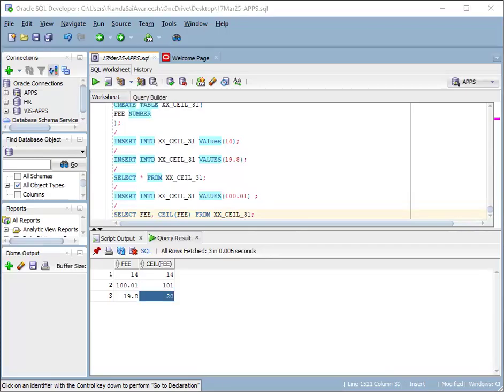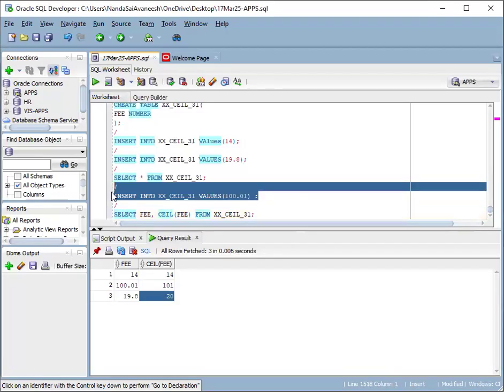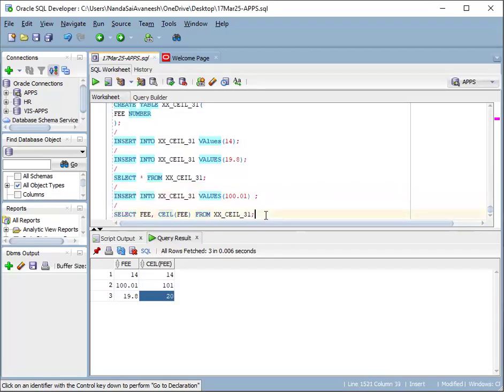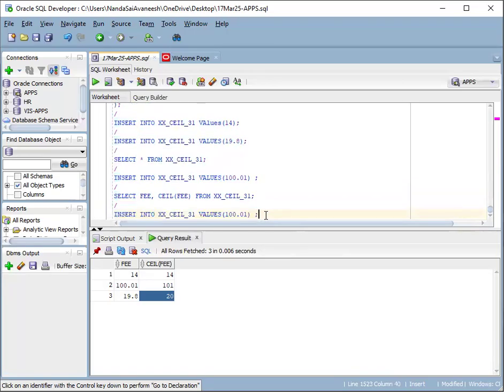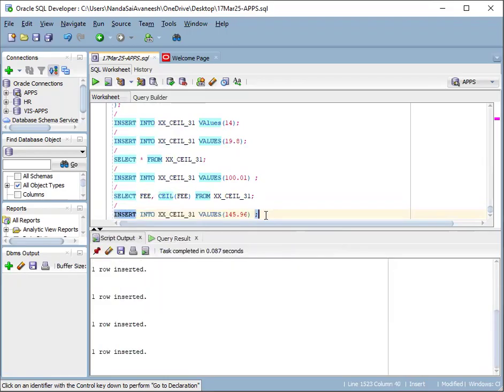Let me insert some other values also. Insert into this table values 145.96. So one record is inserted.